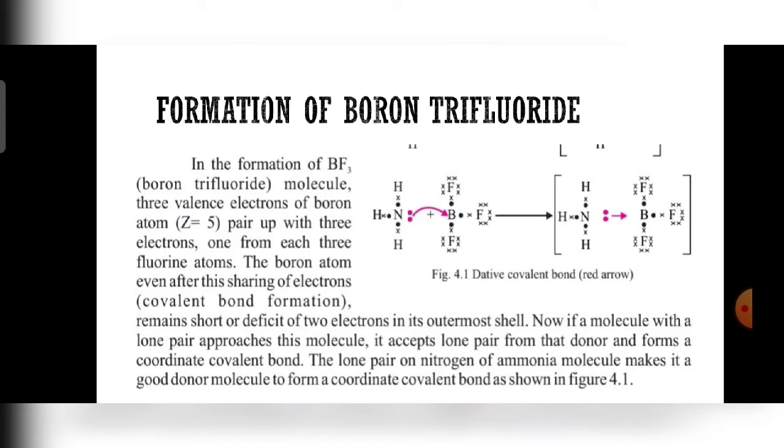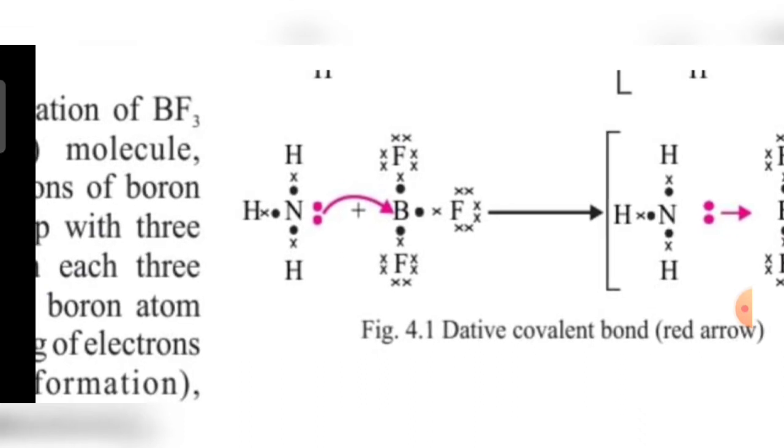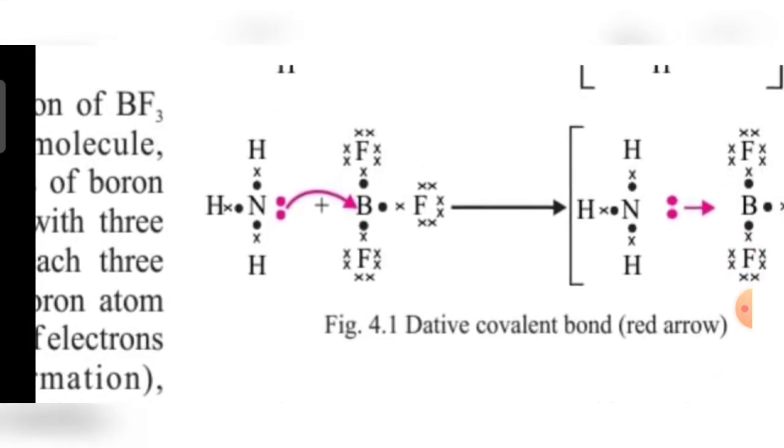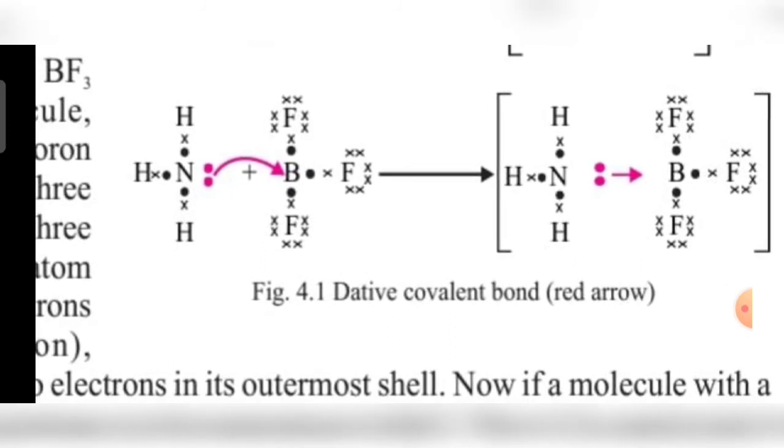In the formation of the boron trifluoride molecule, the valence electrons of the boron atom pair up with 3 electrons, one from each of the 3 fluorine atoms. We know that fluorine has atomic number 9 and 7 electrons in its outer shell, and boron has 3 electrons in its outer shell.